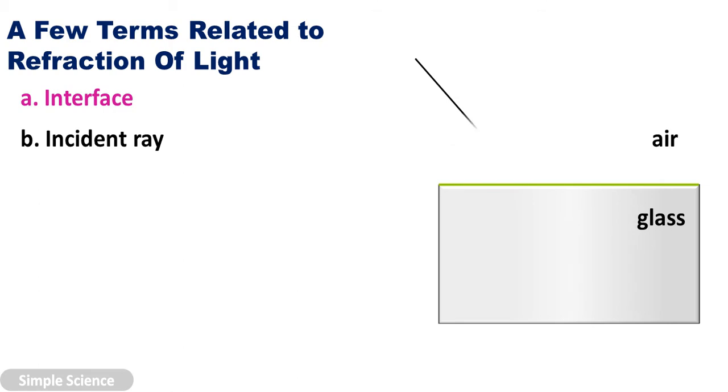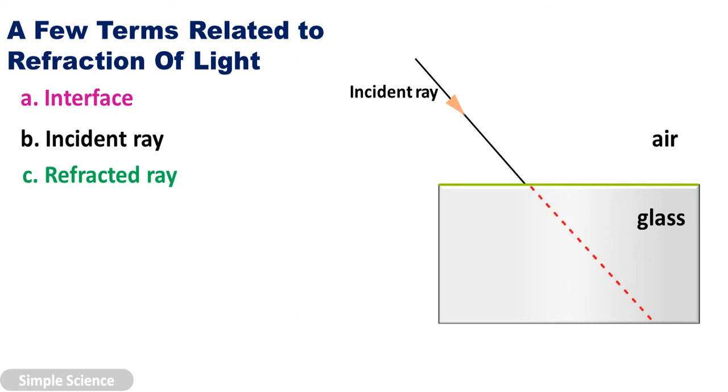Incident ray is the ray which strikes the surface or interface. So the ray which is incident on the interface is called the incident ray. What is the refracted ray? The refracted ray is the ray which bends. The incident ray should travel in this direction, but it bends. So this bent ray is called the refracted ray.